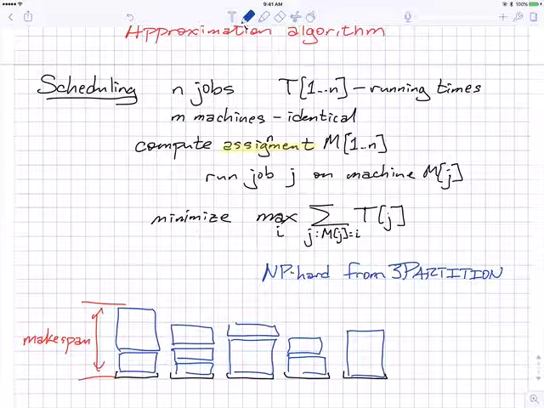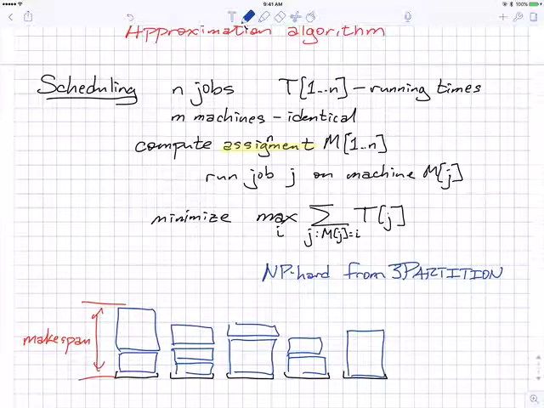So in this case, the hardness reduction says, I'm given this bag of numbers, I want to split into 3s. Essentially what I do is I make the number of machines equal to the number of numbers over 3. I add some constant to every number to avoid some cases. And then I want the stacks to all line up, and the only way to do that is to have exactly 3 jobs in every machine.